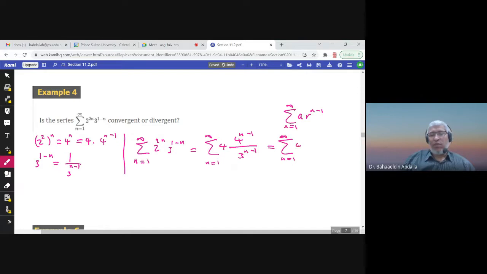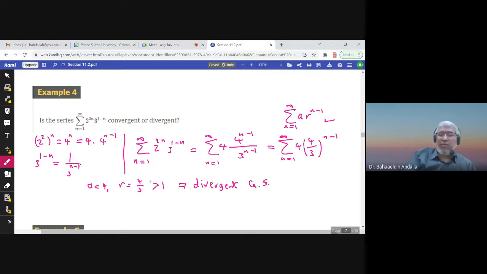And this is 4 times 4 over 3 to the power n minus 1. And now it's exactly similar to this. So A is 4, R is 4 over 3, which is greater than 1. So this series is divergent. It's a divergent geometric series.